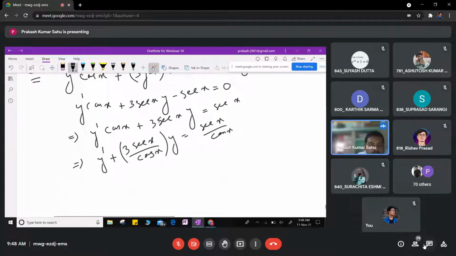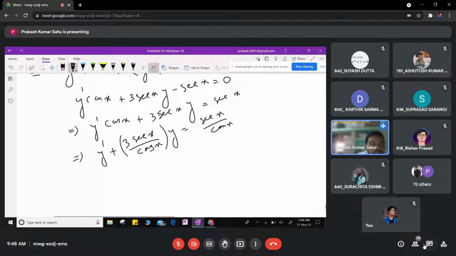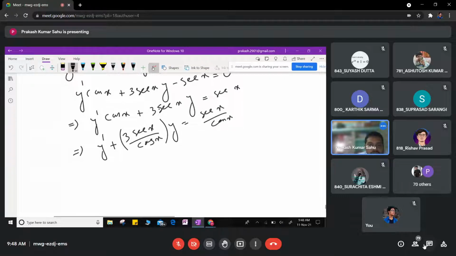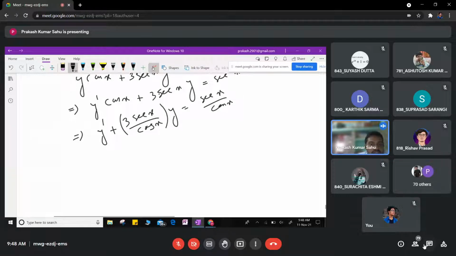So now this is the linear form: y dash plus 3 sec x by cos x into y is equal to sec x by cos x. So now we have to find the integrating factor. Okay, now it is in linear form. So what is the P(x)?